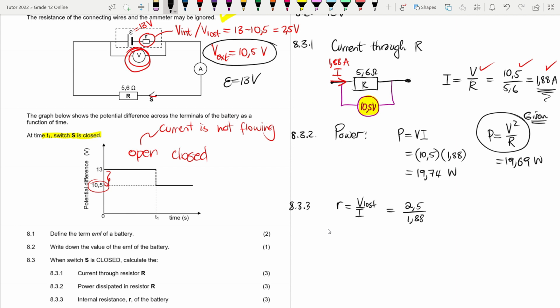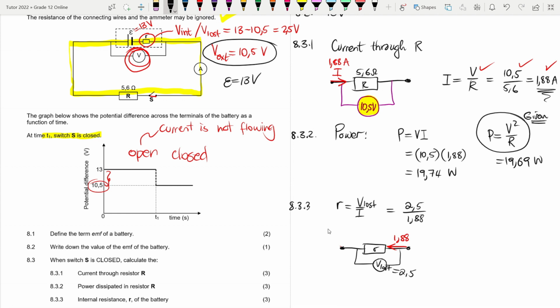That's true, because if I draw my little sketch here, here's my R. I know that the voltage across it is V lost, or V internal, which is 2.5. What's nice about internal resistance is that it gets the total current, as you can see with my highlighter. So the current coming in is 1.88.